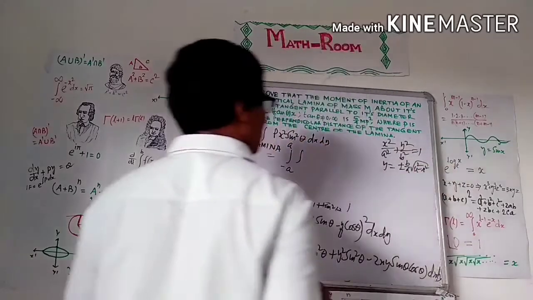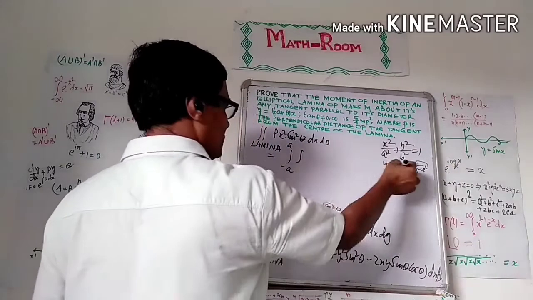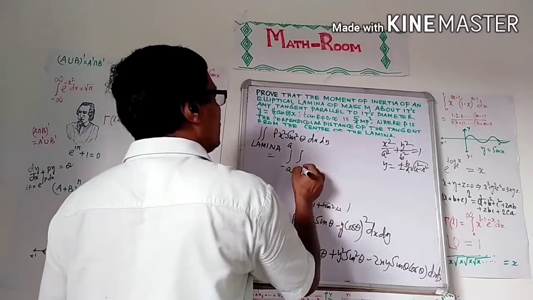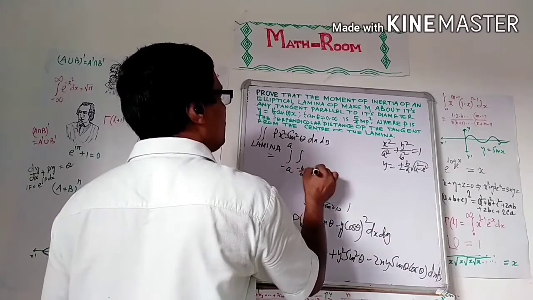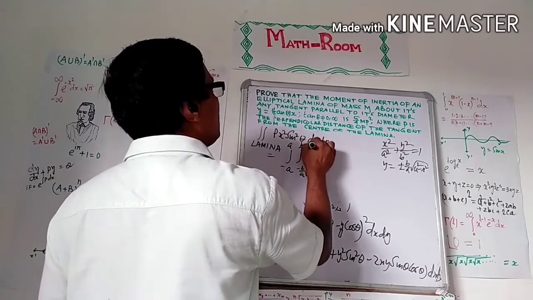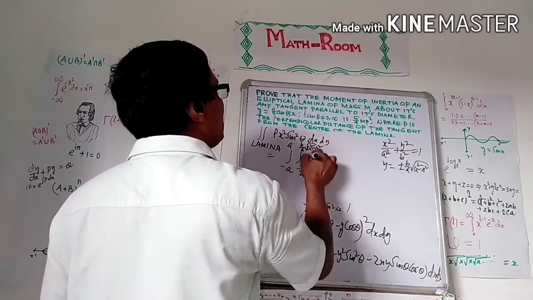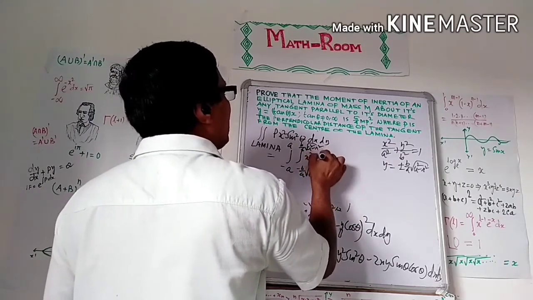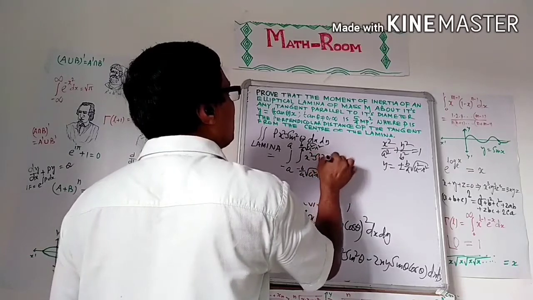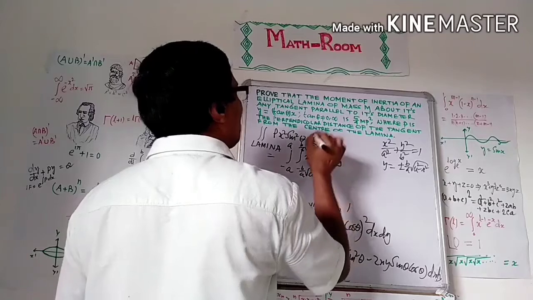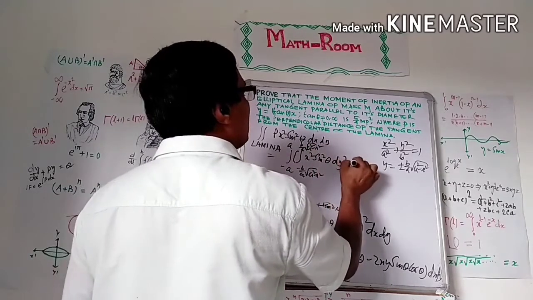This is the limit of y, from minus b by a root over of a square minus x square to b by a root over of a square minus x square, of x square sin square theta dy dx.